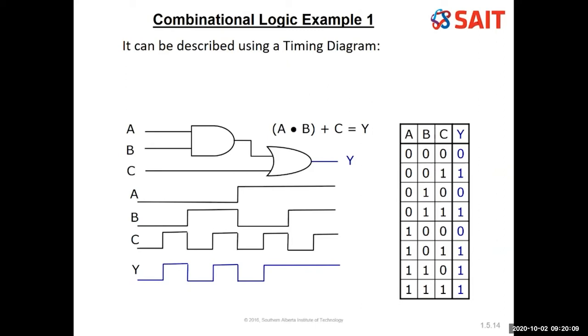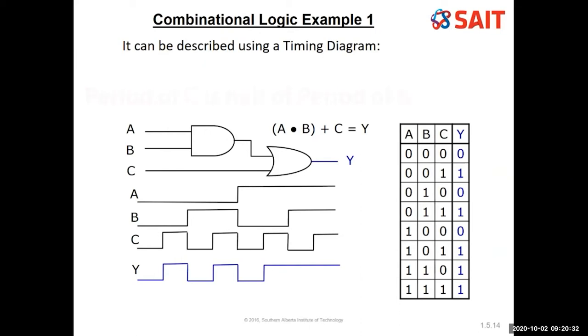As we move through time, left to right, A is all 0, and then it changes to 1. Just like my truth table, working from the top to the bottom, all zeros, then all 1s. You can see B changes from 0 to 1 while A is 0, and then from 0 to 1 again while A is 1, just like in my truth table.